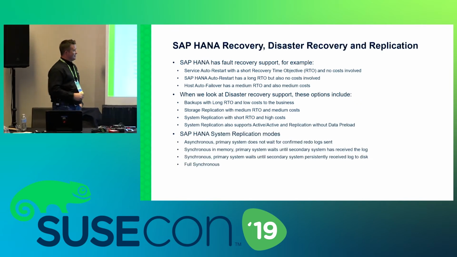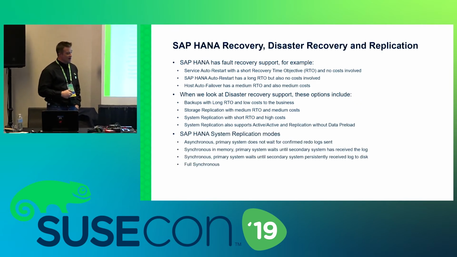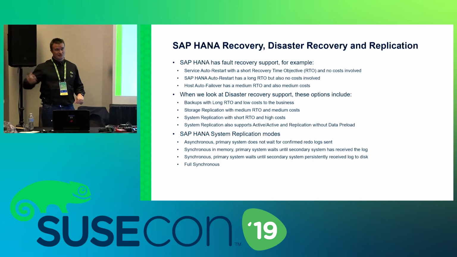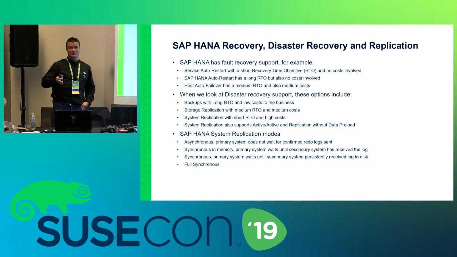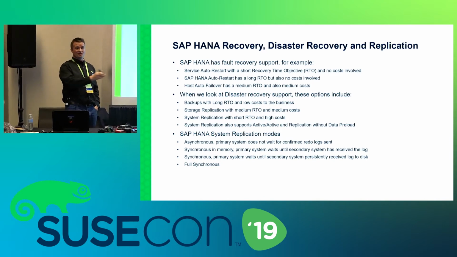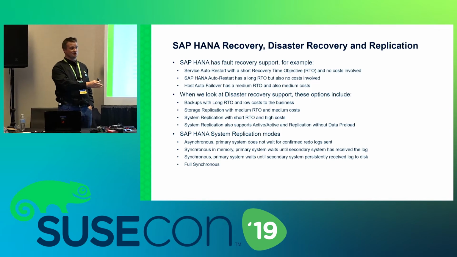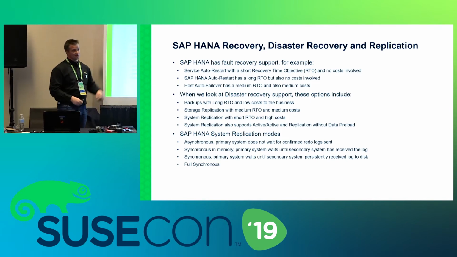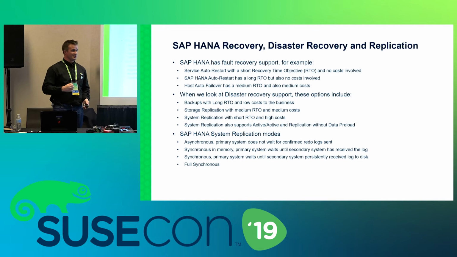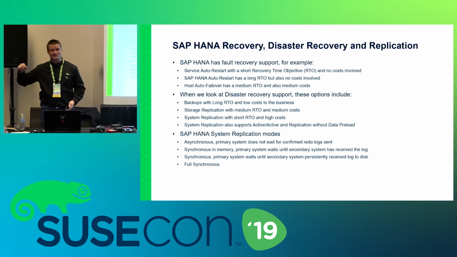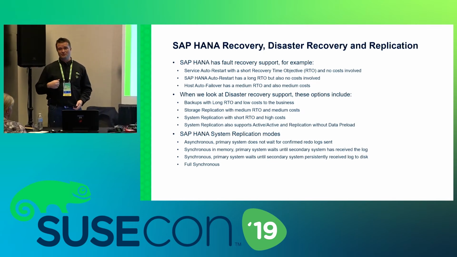But in any case, SAP HANA system replication modes. There are various different system replication modes. Normally, if you have to replicate maybe to a third host, if you've got host 1 and host 2 that we're talking about here, and you also have a third host that you want to replicate to, we would normally use asynchronous synchronization, which basically means that it sends all the data, but it doesn't wait for a reply back.